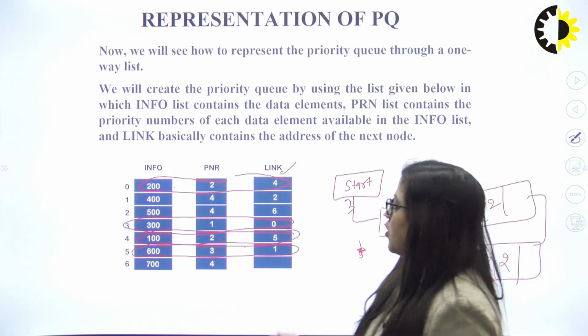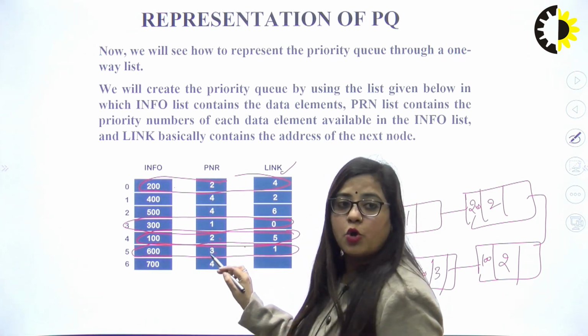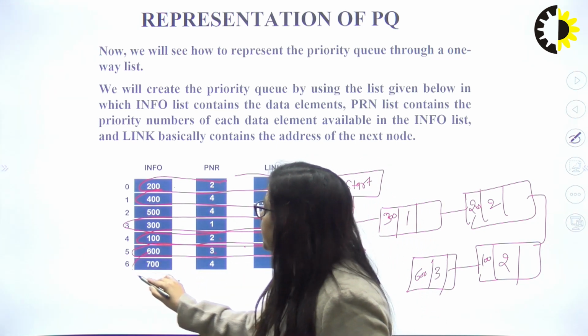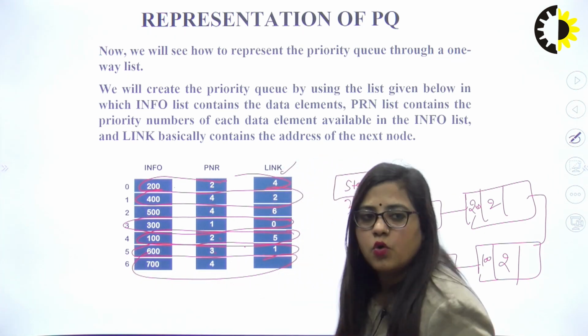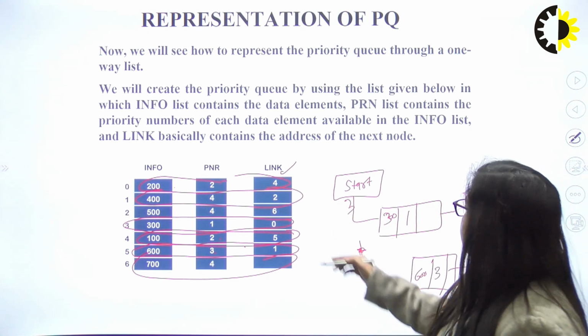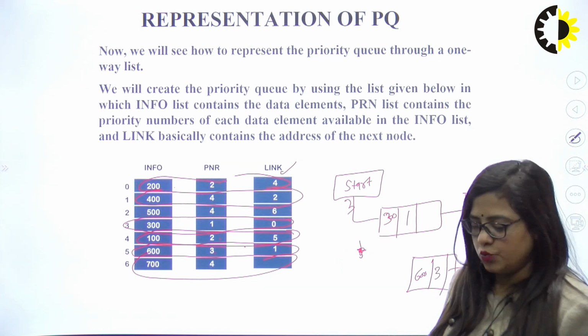Next is 4. These two have the same priority, but it works on FIFO. Then you will take this first, after that this. Okay, got it? So this is the linked representation of priority queue.